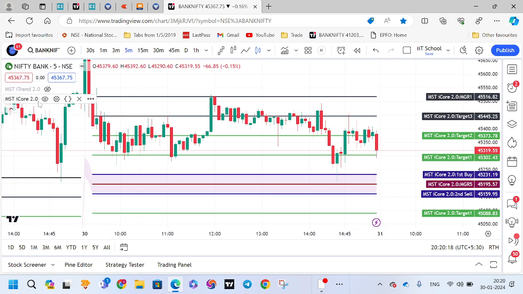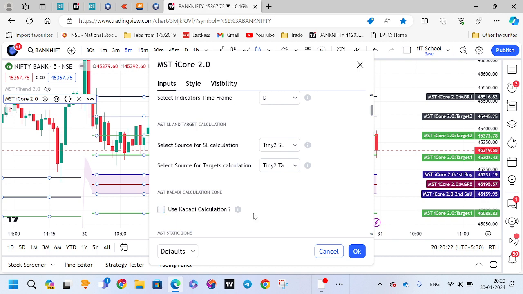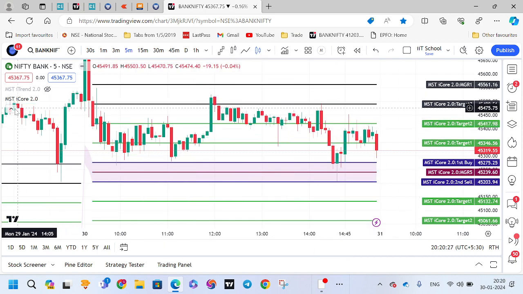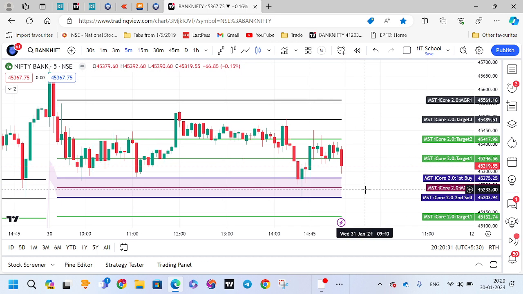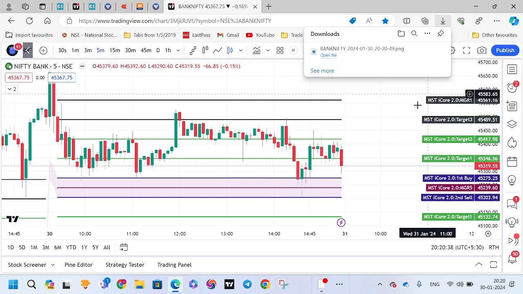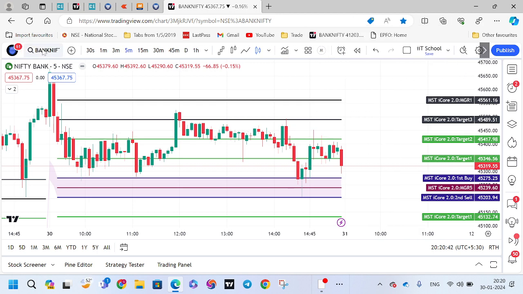So this is how you can trade. Again and again you can mint the money. You don't have to worry about what to do if SL is hit, because we know the reversal mechanism. If SL hits, we have to go for the reversal entry. It is very simple.